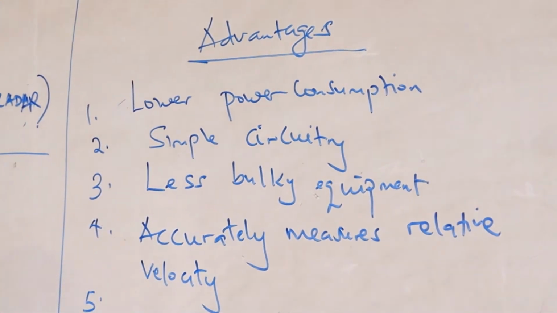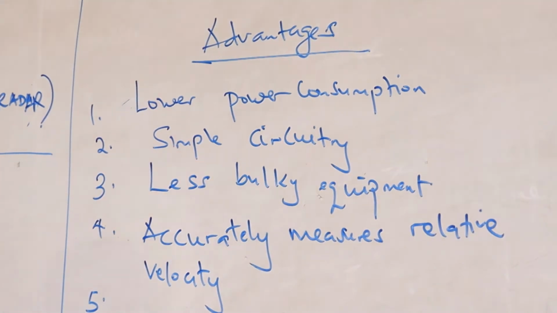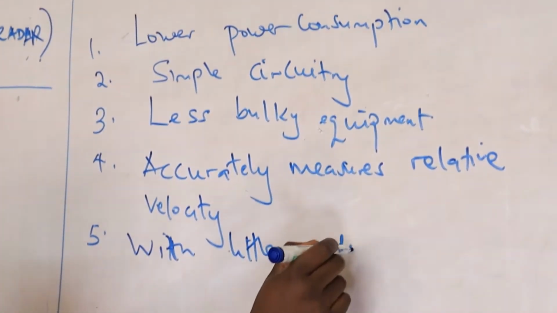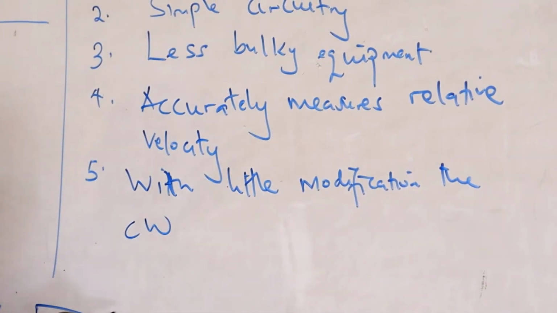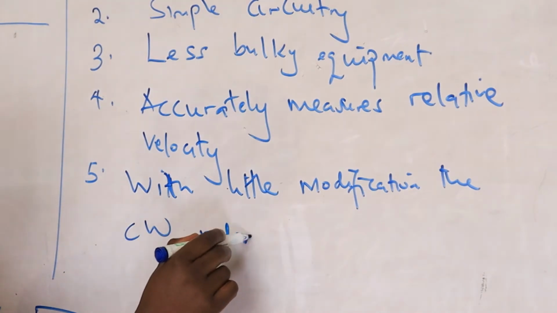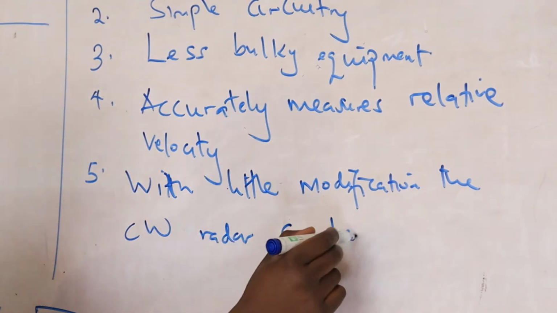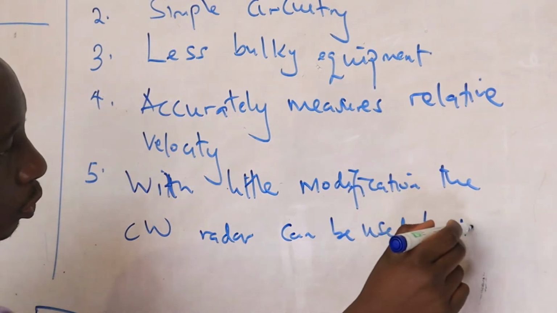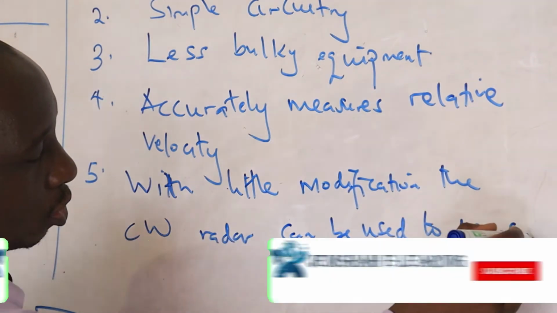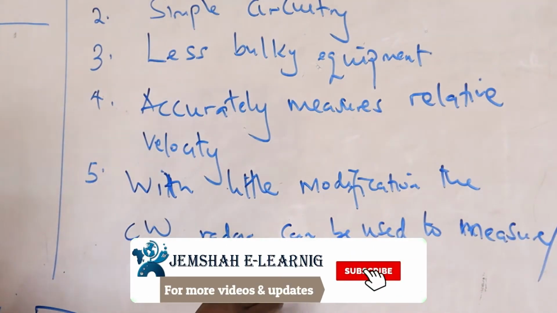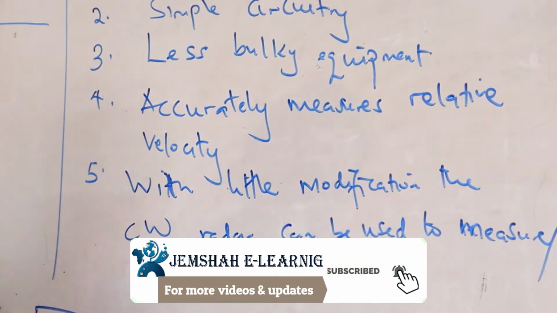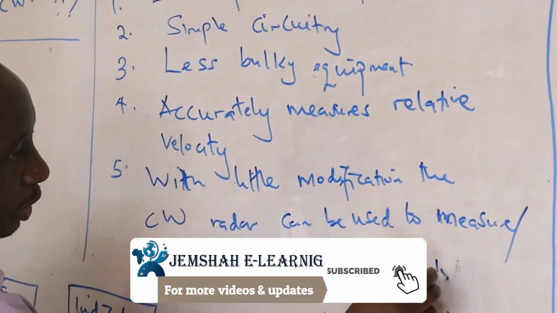And lastly, number 5, with a little modification, the CW radar, CW stands for continuous wave radar, can be used to measure or indicate the direction of the target.